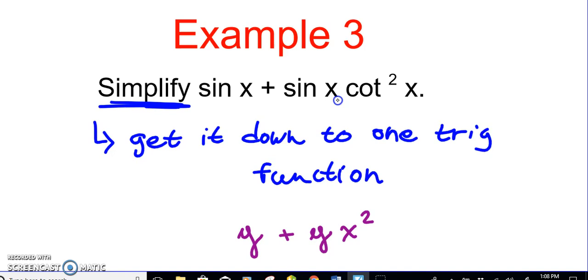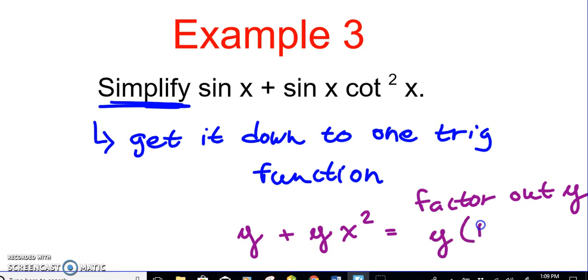When I say factor out, I mean things like this. Here we can factor a y out, and that will leave us with 1 plus x squared. If you distribute that y back, that would be y plus yx squared.